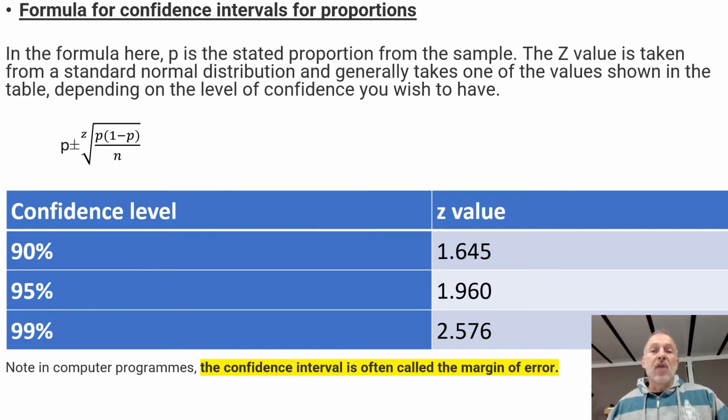So the Z value is taken from a standard normal distribution and generally takes one of the values shown in the table, depending on the level of confidence you wish to have. In other words, we simply read the Z value from a table, and there's a formula that we use to determine our confidence levels, and the confidence interval is often called the margin of error.